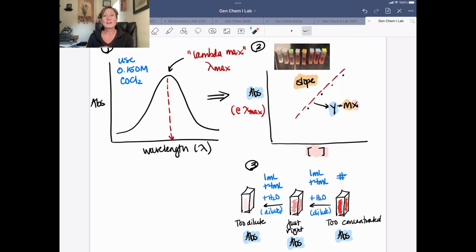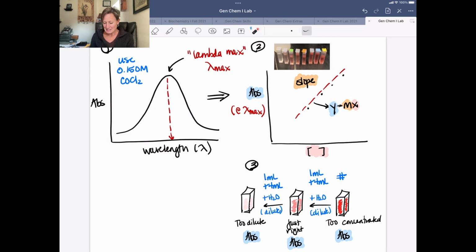So you're going to dilute it essentially by 5-fold. And then you're going to measure the absorbance of that solution. Now, if that happens to be something that's still too concentrated, you might need to do one more dilution. But as long as you have one reading that's within the absorbance range of where you did your standard curve, you're good to go.